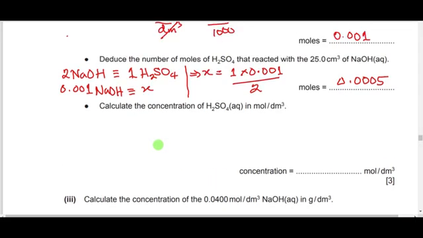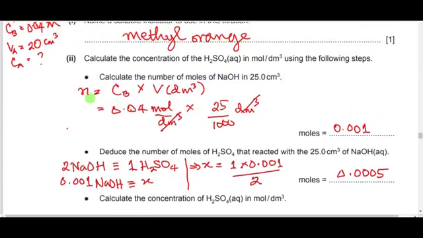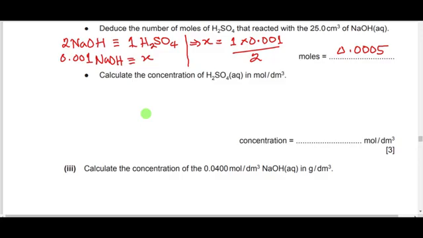We are now asked to calculate the concentration of aqueous H2SO4 in moles per dm³. Now to calculate the concentration, remember we use this formula: number of moles equals concentration in moles per dm³ times volume in dm³. So we are going to use the same equation, but now making concentration the subject of the formula. So Ca equals number of moles over volume in dm³.